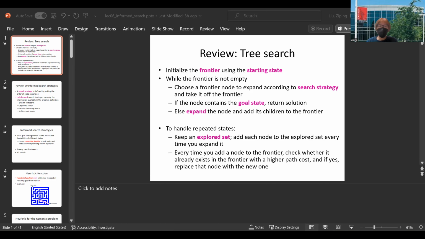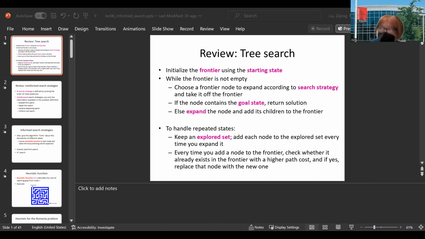So here it gave us the next example. If you recall, last class we discussed this example. We want to go from Arad to somewhere here, Bucharest. We are going to go to Bucharest.